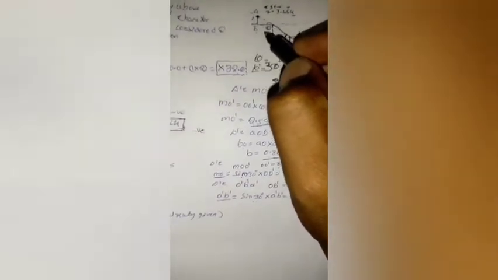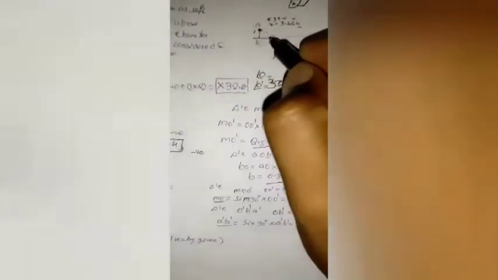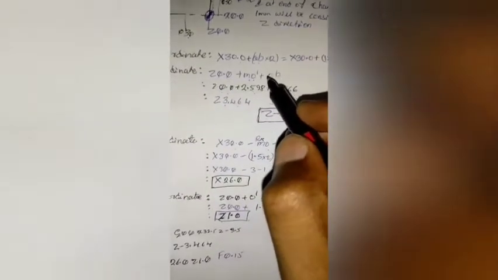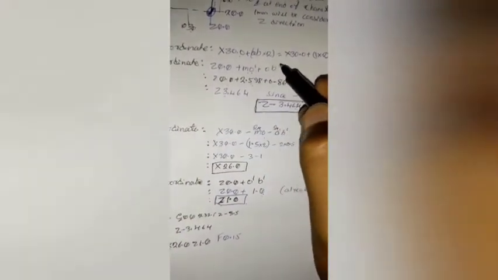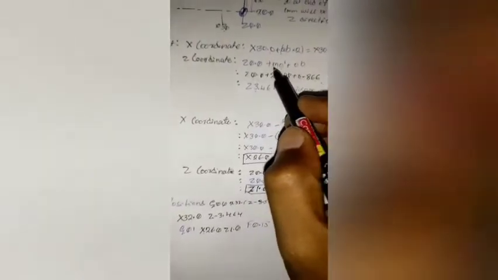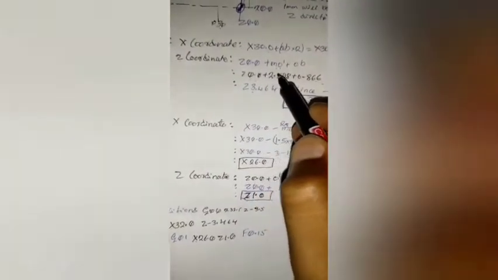It's not A dash B dash, it is O dash B, in the upper triangle. I'm not going to multiply this by 2, that is separately for x coordinate. For z coordinate I'll write z 0.0 plus MO dash and OB.